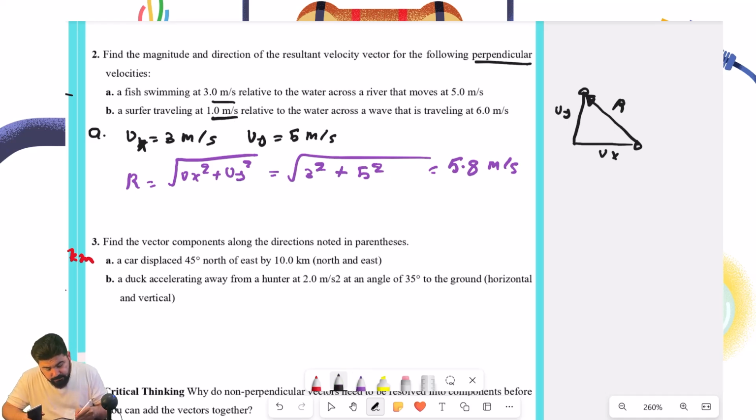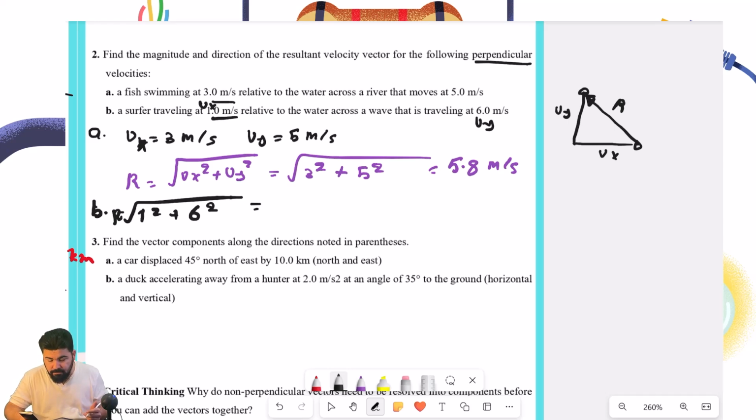For this one, guys, I'm going to do this directly. So the resultant is going to be what? This is Vx, and this is Vy. This is going to be the square root of 1 squared plus 6 squared. So just try to calculate it, and you're going to find the result.